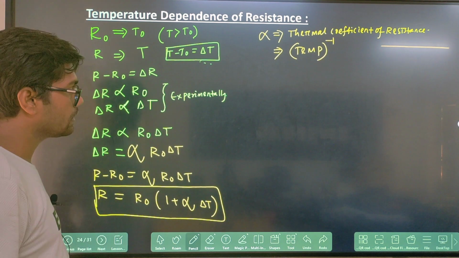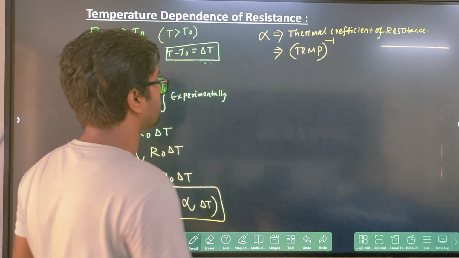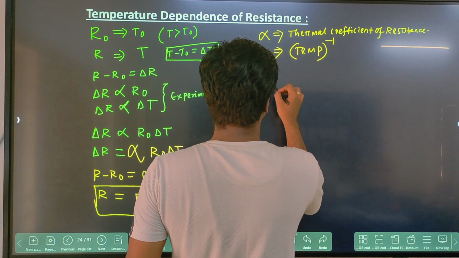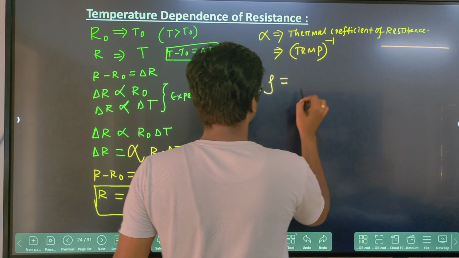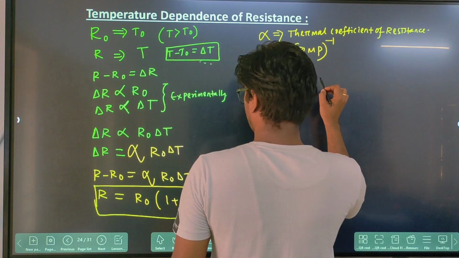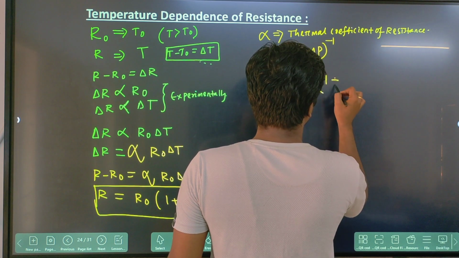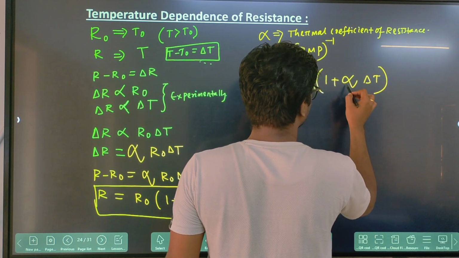Now from this relation you can say that the same thing will happen to the resistivity also. So I can write rho, the resistivity at any temperature T, is equal to rho naught, this is the resistivity at temperature T naught, times 1 plus alpha delta T. So here this alpha has a different meaning.